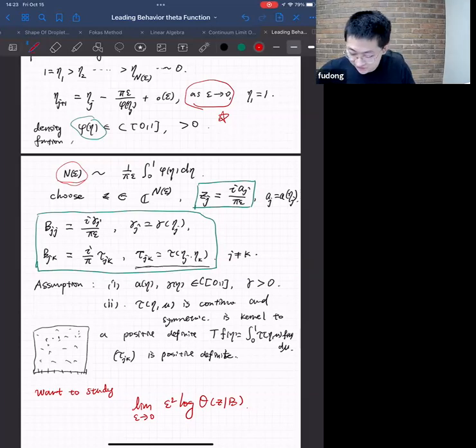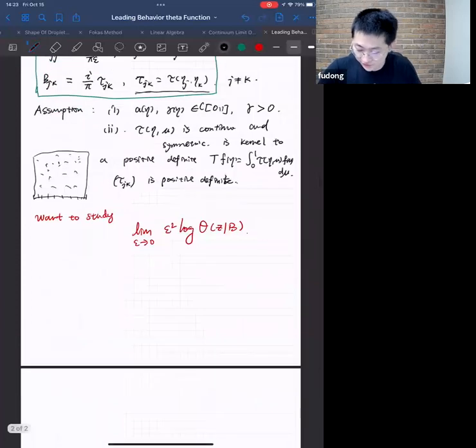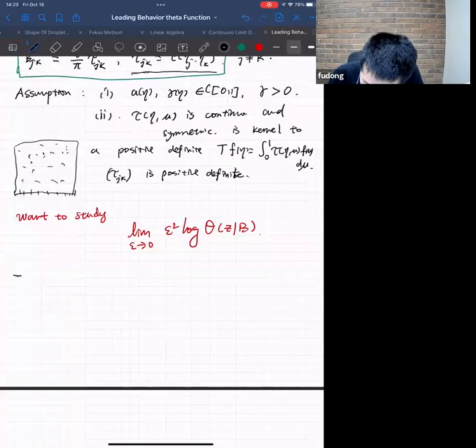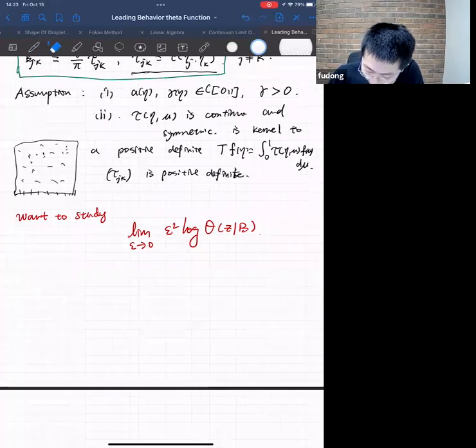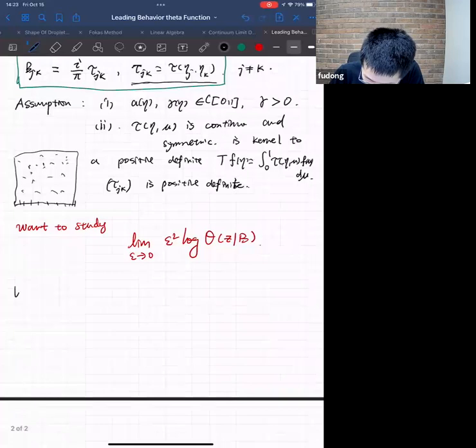Now, we can state the theorem. So first the theorem. Okay, before that, let me write down the theta function first.